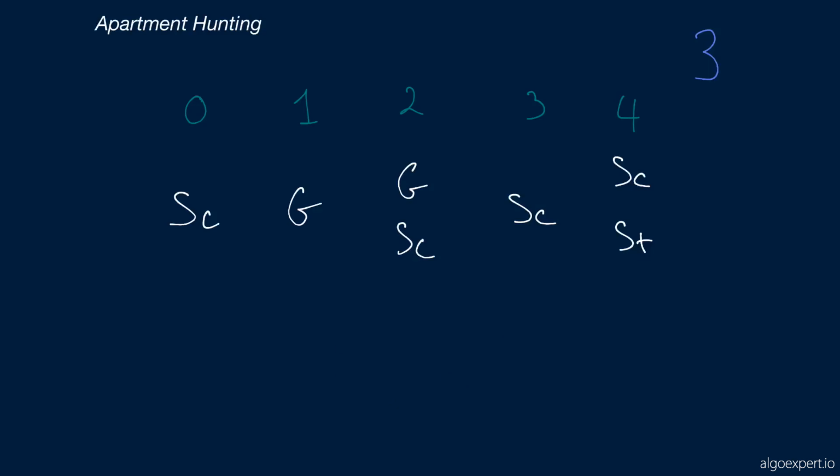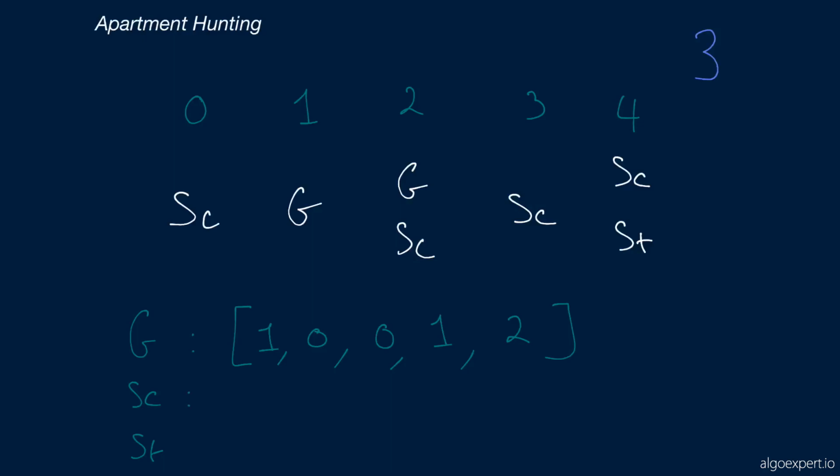Imagine we had gym, school, and store. And imagine for the gym, we knew that at index 0, the closest gym was 1 block away. At index 1, the closest gym was 0 blocks away. At index 2, 0 blocks away. At index 3, it was 1 block away, and at index 4, it was 2 blocks away.